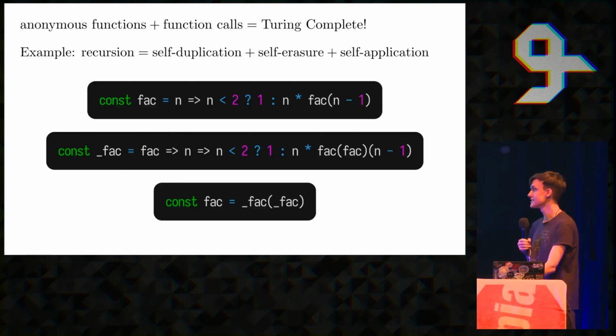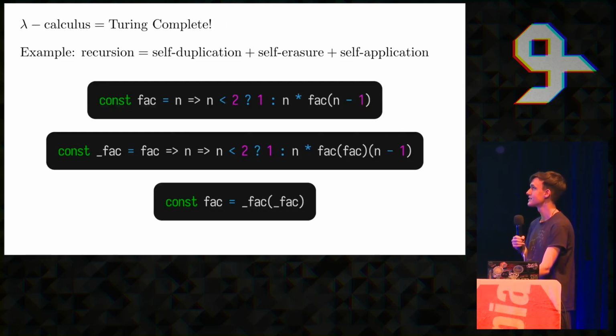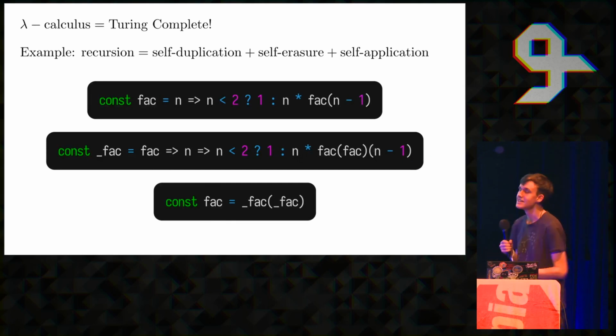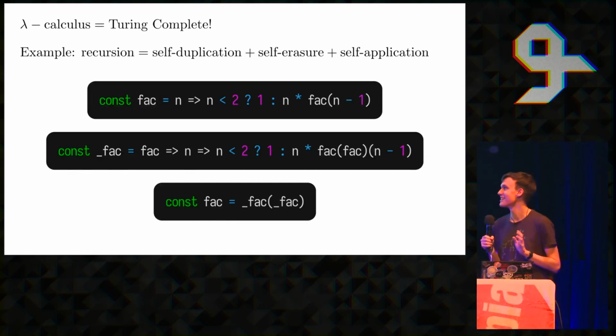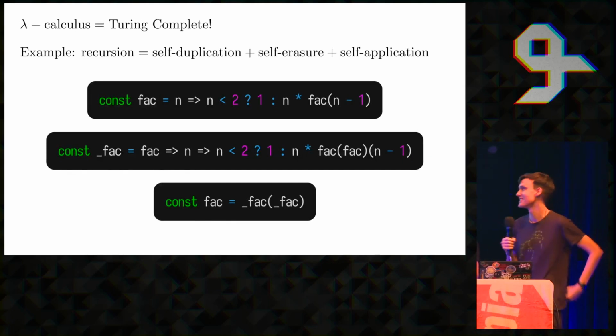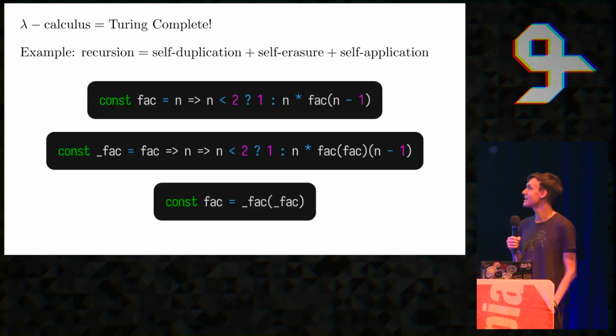So we can also see this in, okay, this is another thing. So what we actually are talking about, maybe this is not clear, or maybe this is clear to some people here. What we're actually talking about is the lambda calculus.